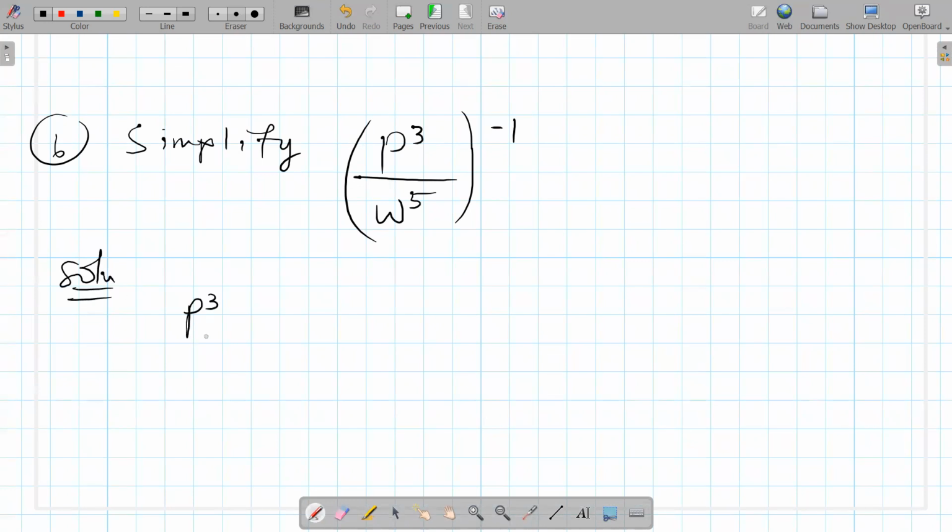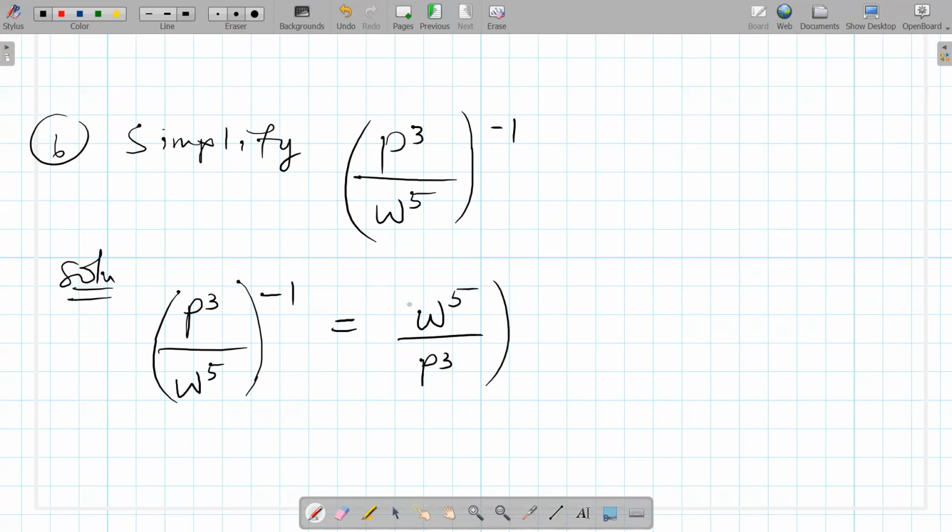Remember, because the outside power is negative, I need to change the outside power to positive. And what I do is I swap these two here. So this is going to give me W5 over P3. And then that changes to positive 1.